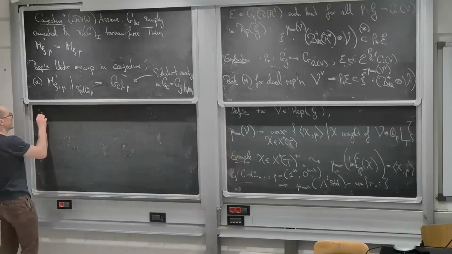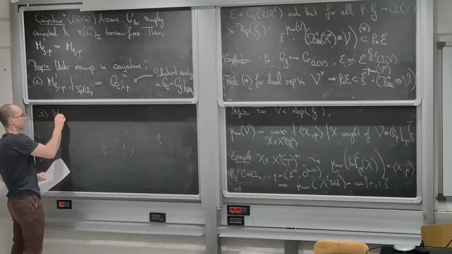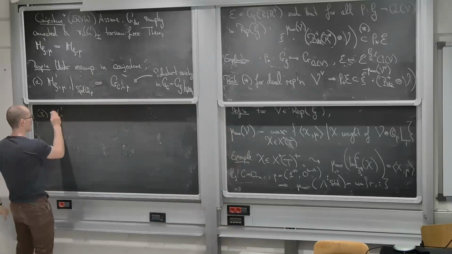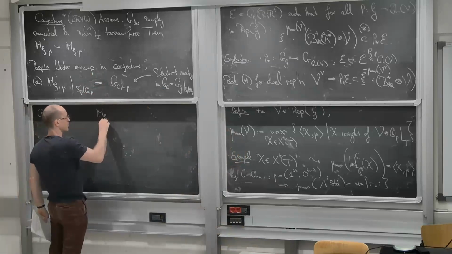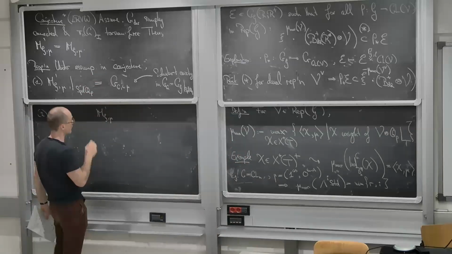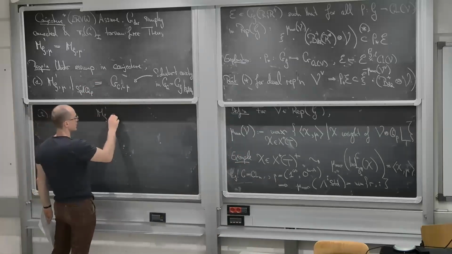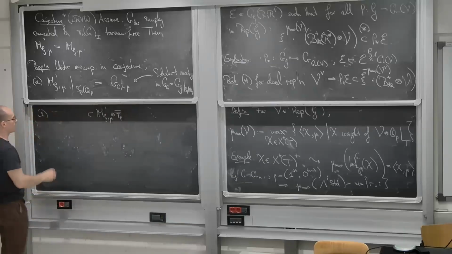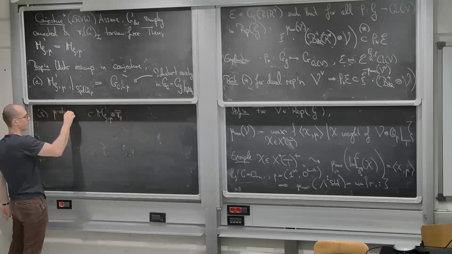And secondly, we have the following inclusions. To prove the conjecture, one somehow has to identify the generic and the special fiber of this object. And the special fiber always contains this mu-admissible locus.